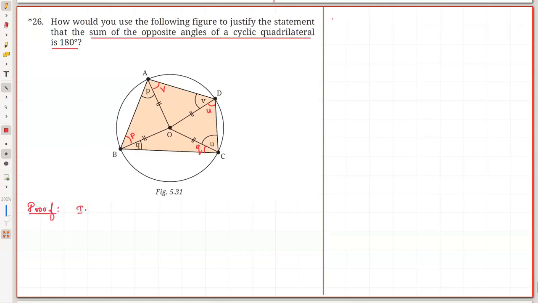So in triangle AOB, two sides are given equal. Which two sides? OA is equal to OB, it is given. Therefore, I can say triangle AOB is an isosceles triangle.